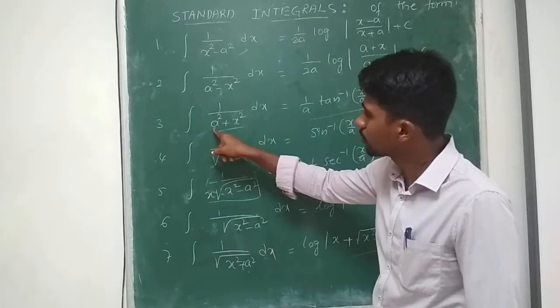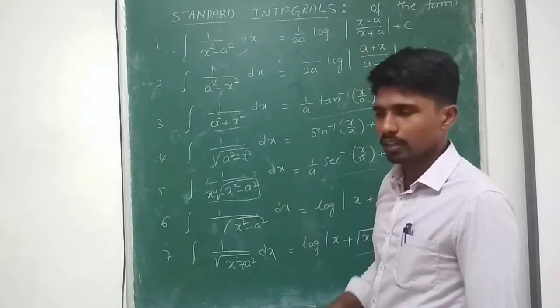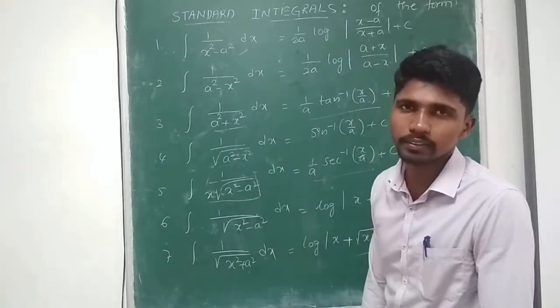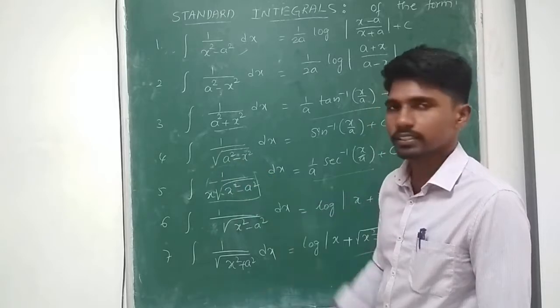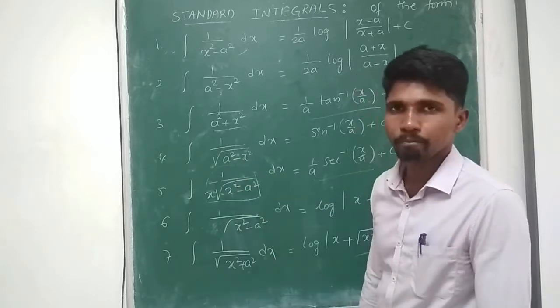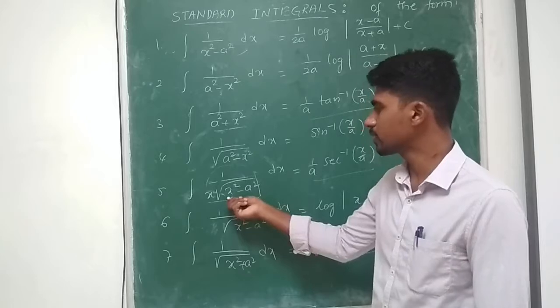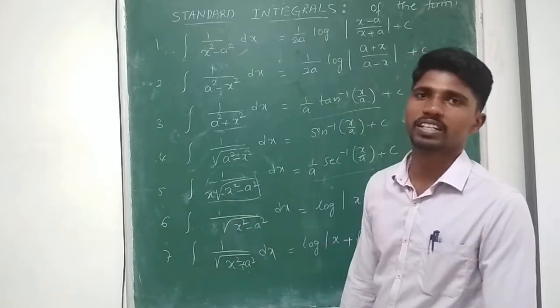See, it is in the form a square plus x square. Whenever we learn differentiation, if we have the form a square plus x square, we consider x as a tan x. If it is a square minus x square, we consider x as a sin x or a cos x. If it is in the form x square minus a square, we suggest either a secant x or a cosecant x.